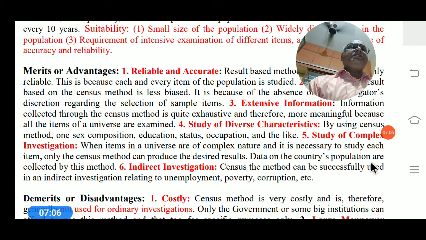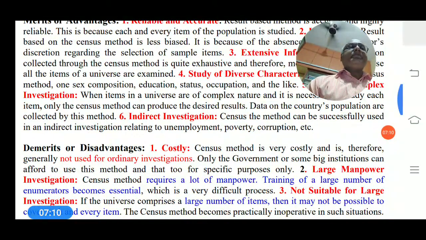Data on the country's population are collected by this method. Indirect investigation: the census method can be successfully used in indirect investigation relating to unemployment, poverty, corruption, etc. All these things are included here.